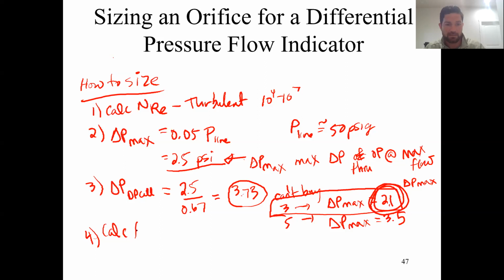We calculate beta. So again, calculate beta at max flow. What that means is that at maximum flow, I didn't necessarily say what maximum flow was for this case. Maybe we'll say 100 gallons per minute.